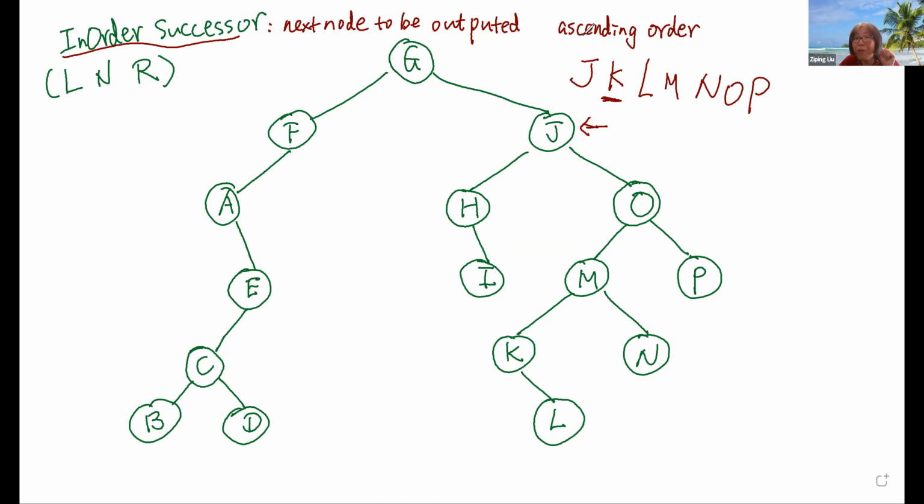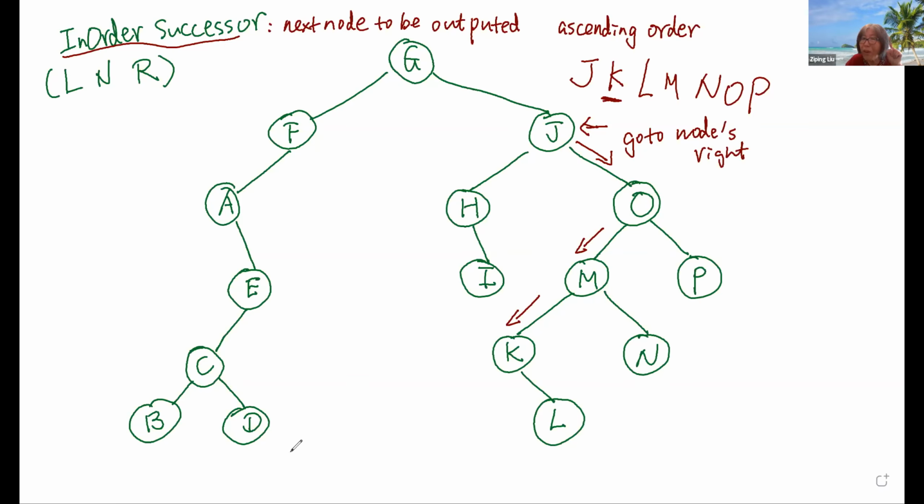Then how do we find the in order successor? We go to the node's right. So go to the node's right, then you reach the child node. And then you need to go to the left.